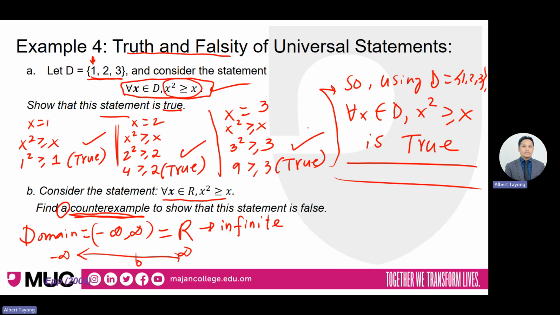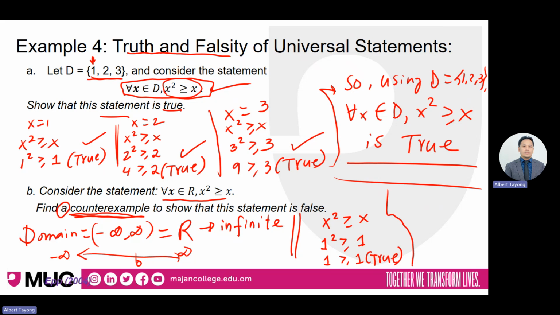Okay, so let's find one value that will make this predicate false. Let's say, for example, 0 or 1. Any value, you can use trial and error. 1 squared is greater than or equal to 1. 1 is greater than or equal to 1, it is true.